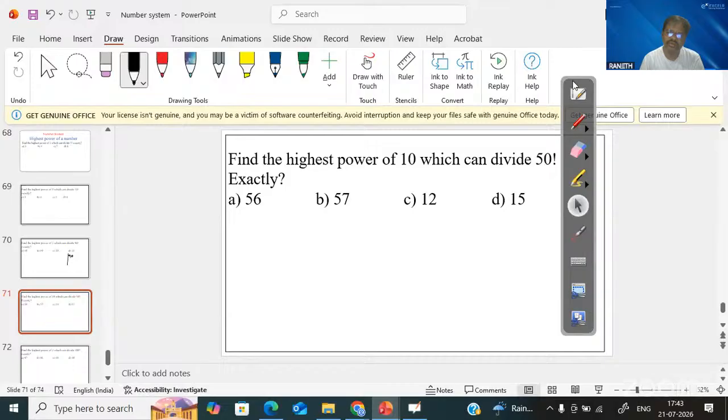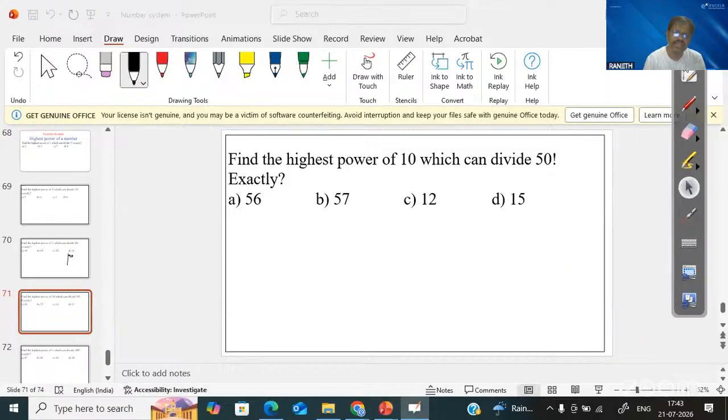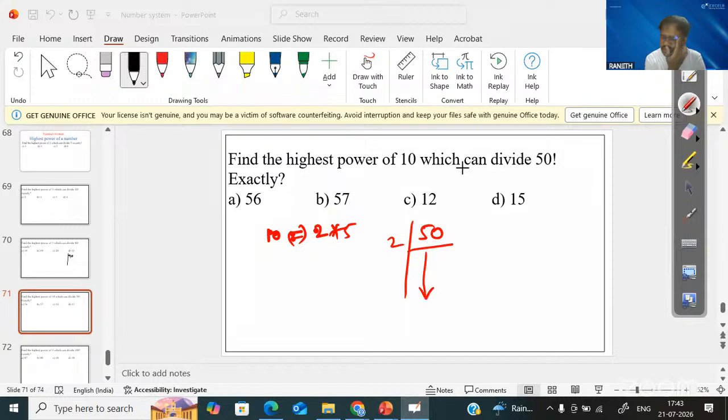So we can't divide 50 by 10, because 10 is not a prime number. We need to write all numbers in prime form. 10 can be written in the form of 2 into 5. When we divide 50 by 2, the power will be some huge number, 40 or 50. So it can't be the value.